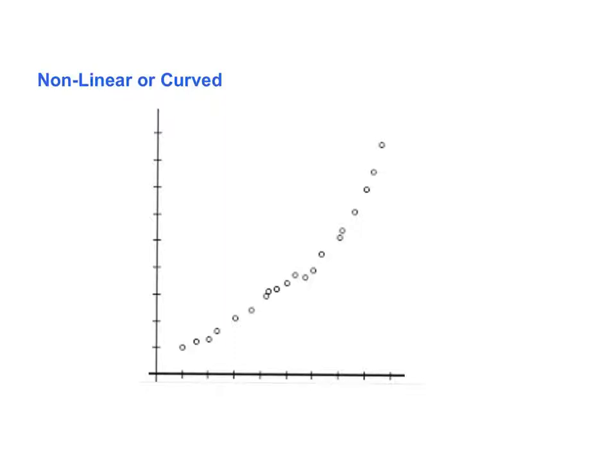So that's what a non-linear or curved relationship looks like. So there's a relationship, it just doesn't happen to be a linear one. Okay. And remember, a scatter plot is being used to determine if there's a relationship between the x and y, and in this case there would be. Its equation just is not going to be a straight line.